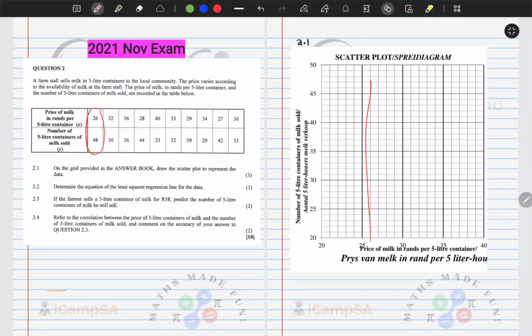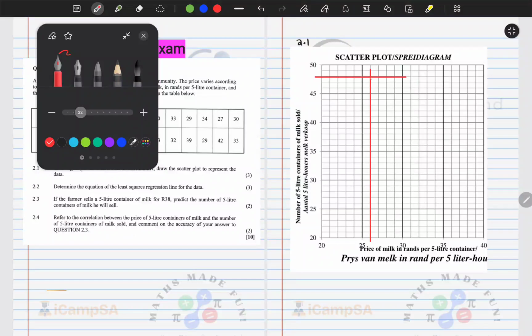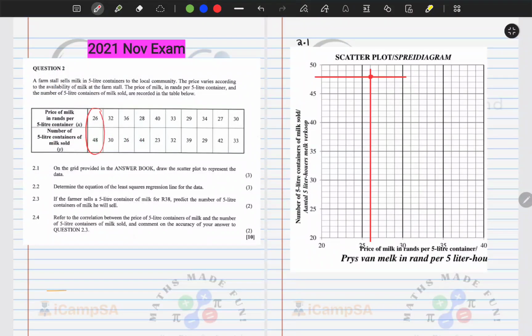So 26 is this line, and 48, this would be 46, 47, 48 is there. So what this means is I should have a point there. Then I delete these two lines. That is where 26 and 48 meet.